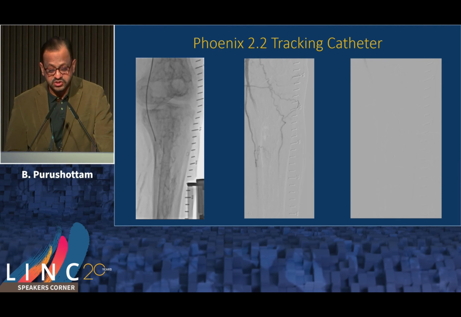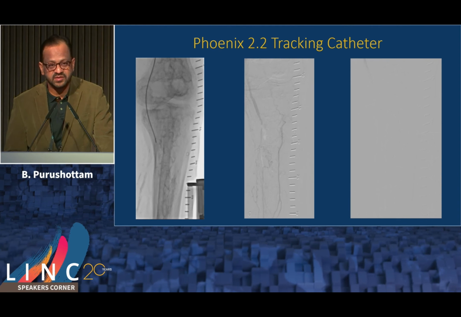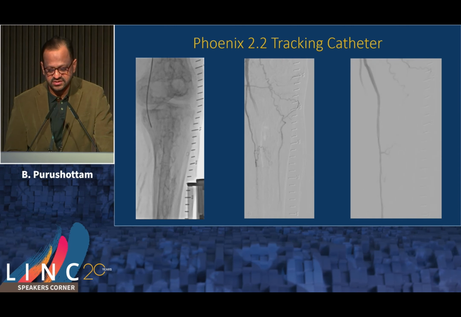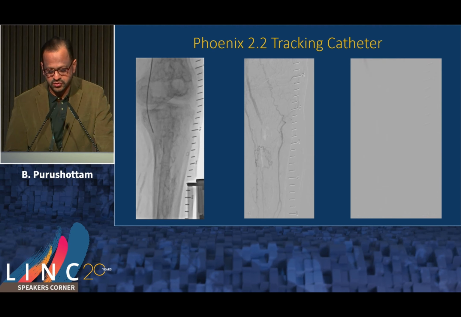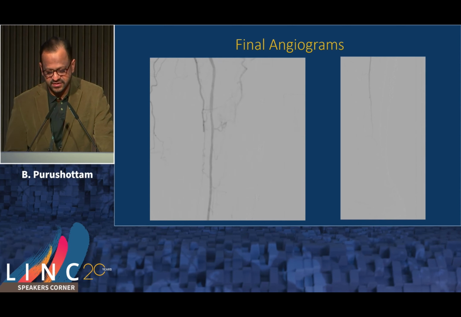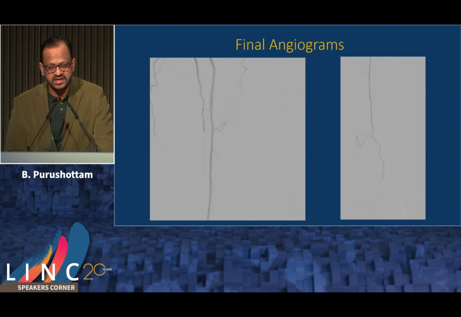I also perform an IVUS after one run of atherectomy. If I see satisfactory fragmentation of calcium, then I feel confident putting in a specialty balloon. After ballooning, we were able to restore good flow. In this patient, I did end up stenting right at the junction, where the dissection was. This was a non-healing wound, and that's the flow all the way down to the foot.